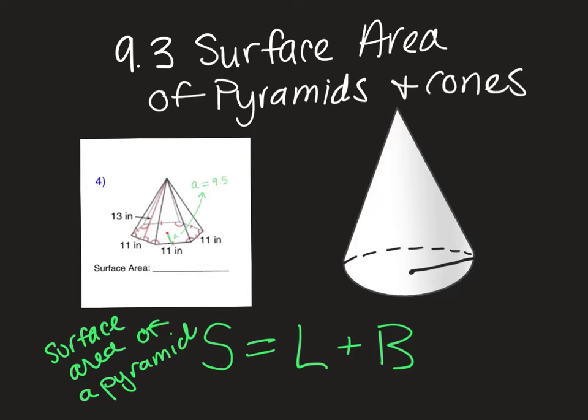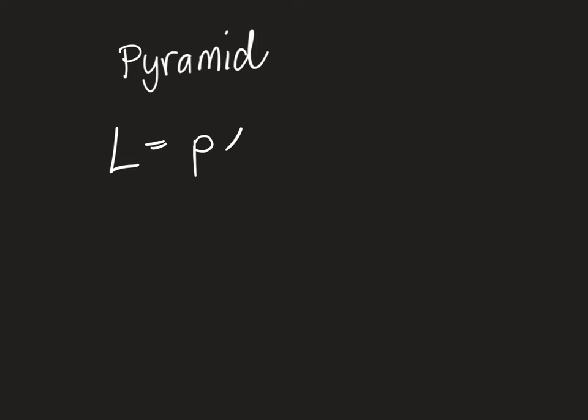All right. So, with a pyramid, to find the lateral surface area, the lateral surface area is the perimeter of the base times the slant height, which we'll talk about in a minute, divided by 2.